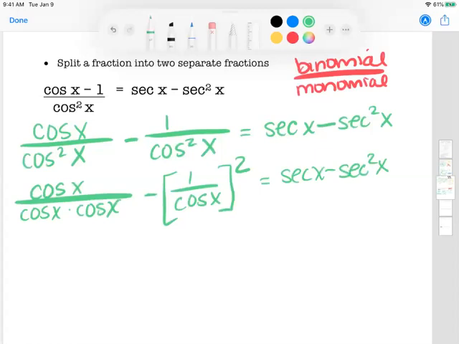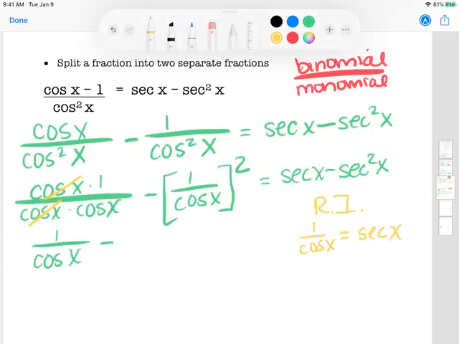All right, so now with the first part of my term, cosine x over cosine x, my cosines there would divide out. That would leave me with 1 over cosine x. Okay, minus, now I have 1 over cosine x squared here. So we know our reciprocal identity, which says 1 over cosine x is secant x.